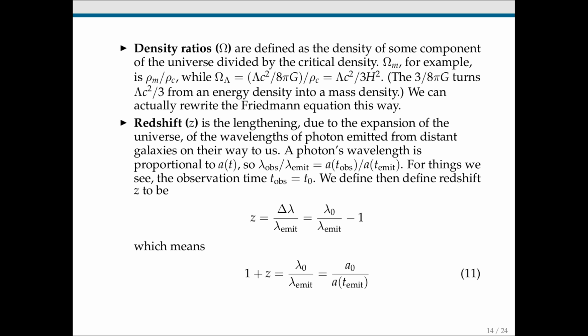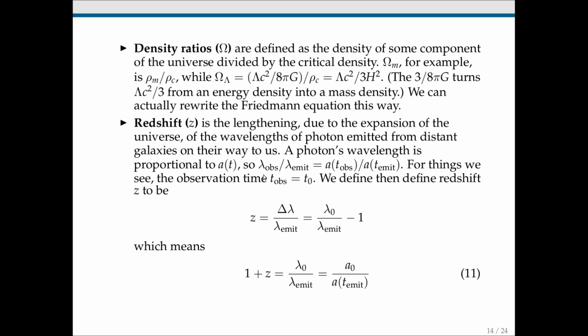The second thing we commonly talk about is redshift, which is the lengthening, due to expansion of the universe, of the wavelengths of photons emitted from distant galaxies on their way to us. Now, a photon's wavelength is proportional to the scale factor because as the universe stretches, so does the wavelength of a photon.